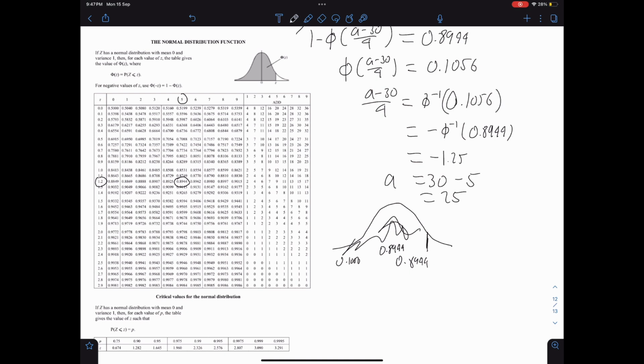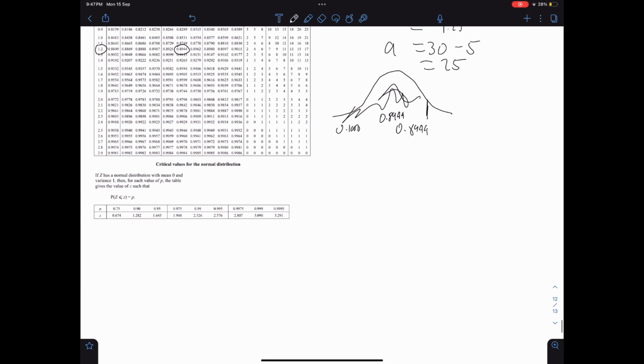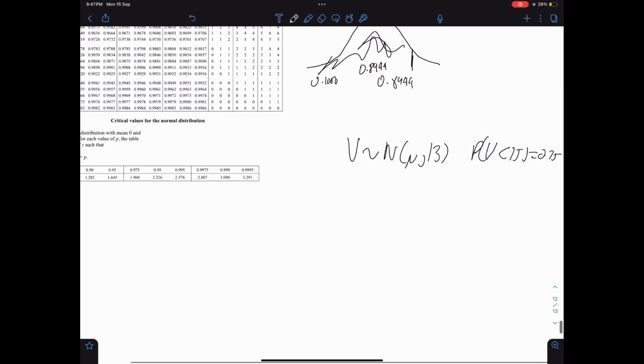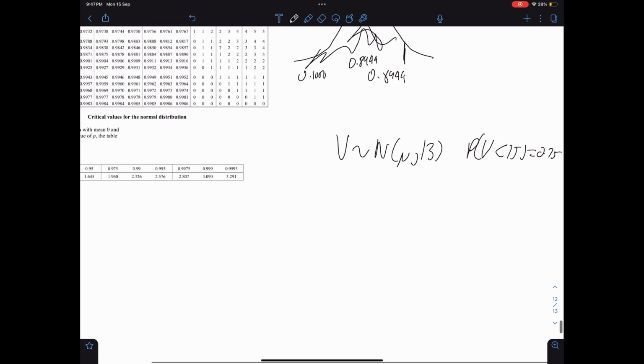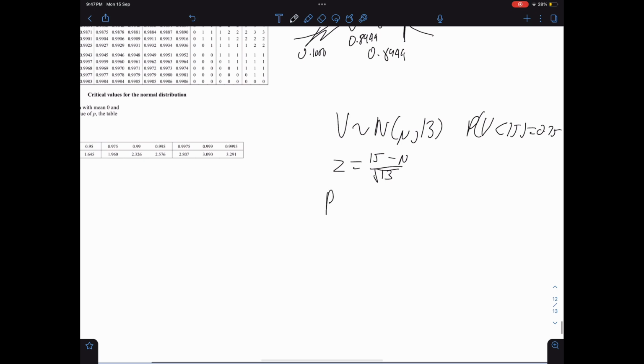But the other thing you might have to do is either find sigma or mu, or both at the same time. So you might be given something like this, and then you'd have to do your z, which is (15 minus mu) over root 13. Remember the root. And then you'd have to do all your p's, so something like this and that.